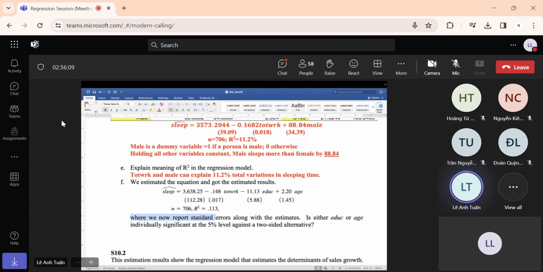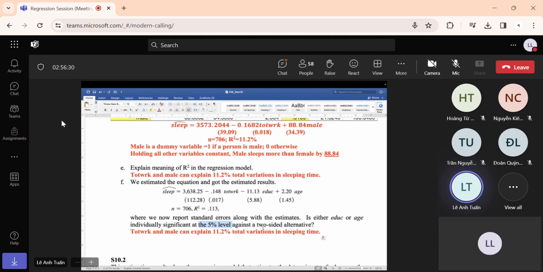And they note the standard errors along with the estimates. That means here we have the intercept, the coefficients, the standard error for the constant, and the standard error for the total work. Now they ask us to test at the 5% significance level, again a two-sided test, whether education and age have a significant impact or not.